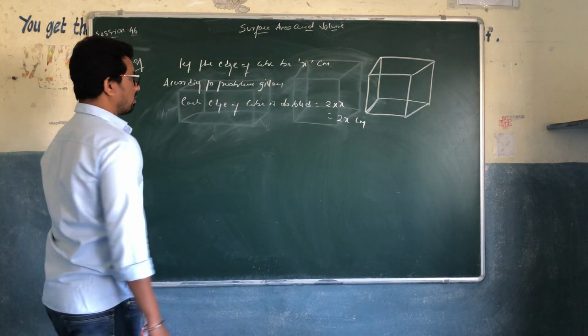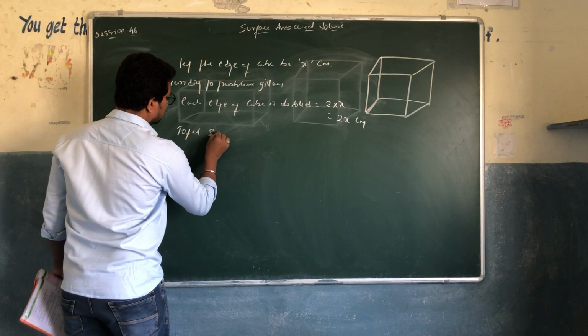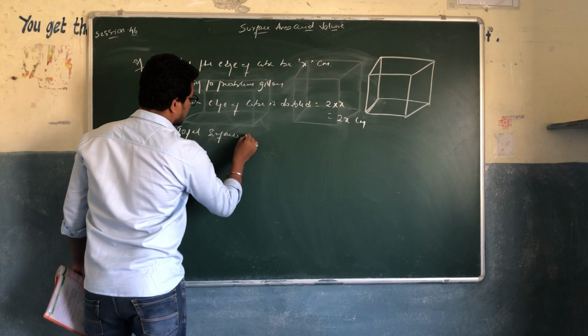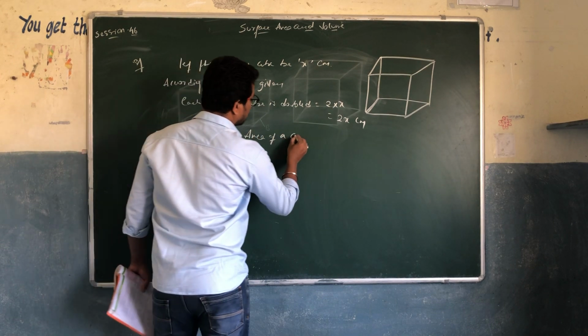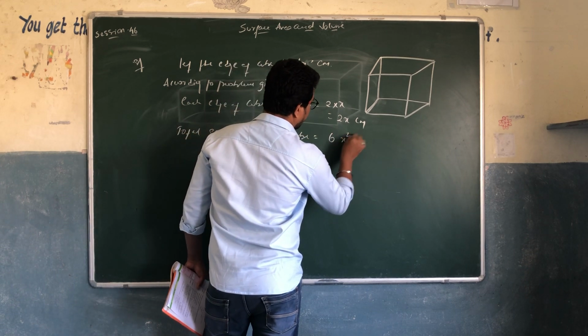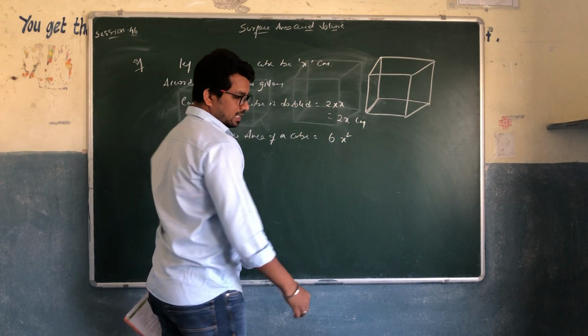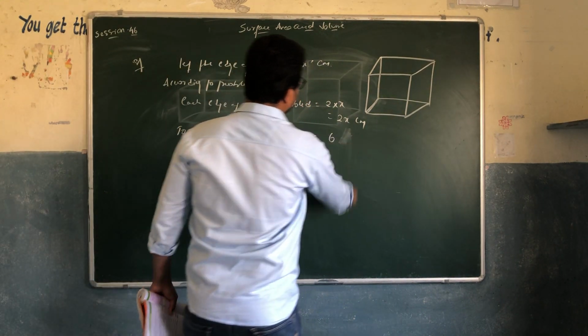And we have a formula: total surface area of a cube is equal to 6x square, or 6 into side square.